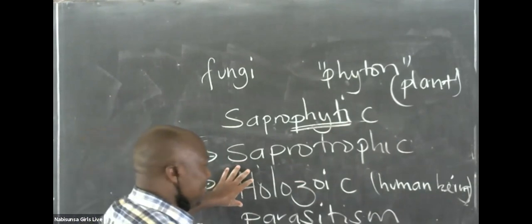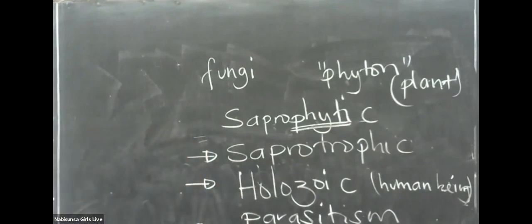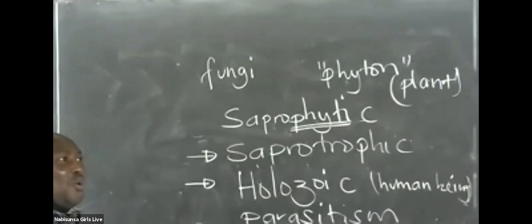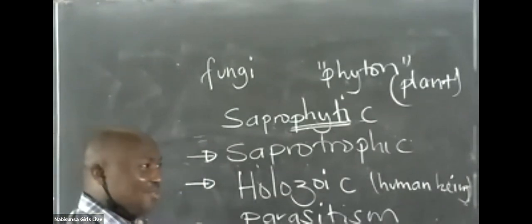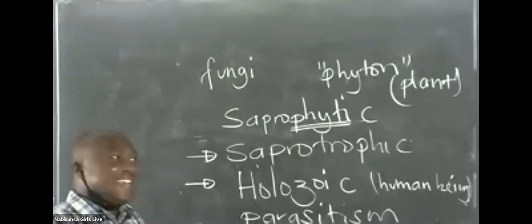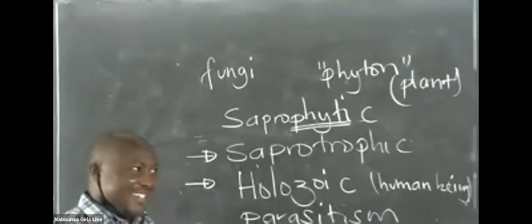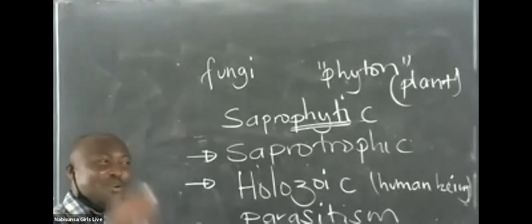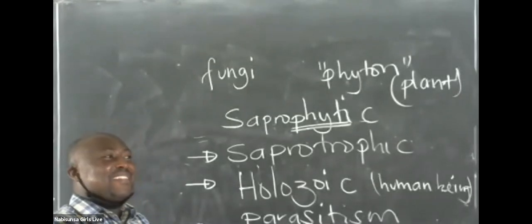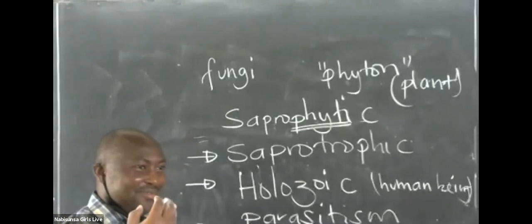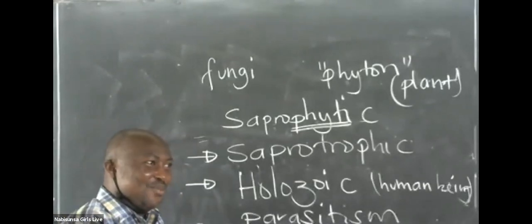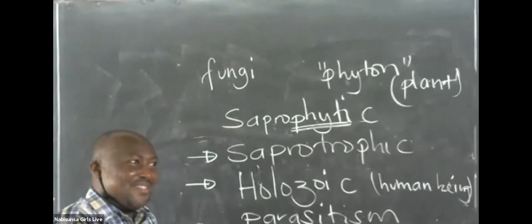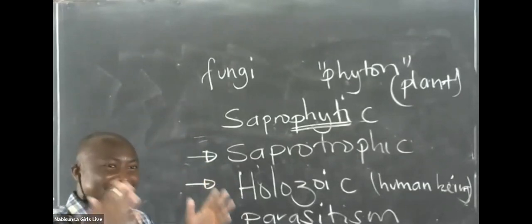Now, holozoic nutrition. Rather than giving a definition, let me explain what holozoic looks at. Holozoic is a form of nutrition where an organism takes in complex organic matter and breaks it down to simple substances within a specialized digestive system.